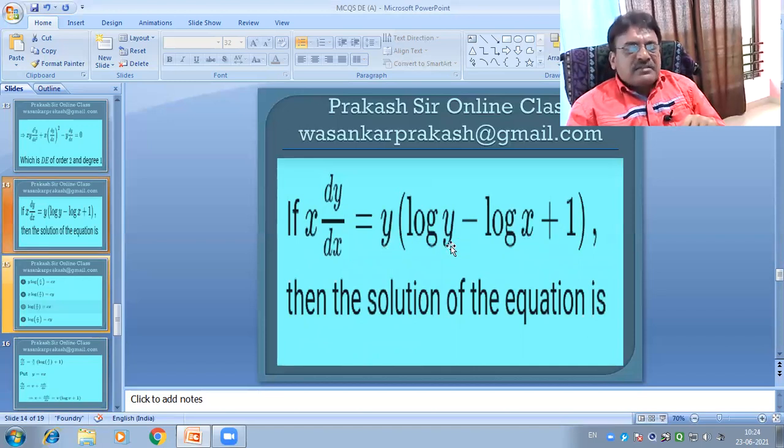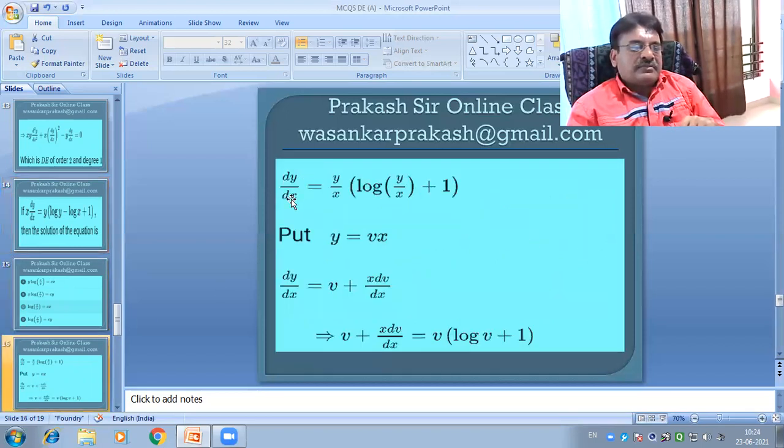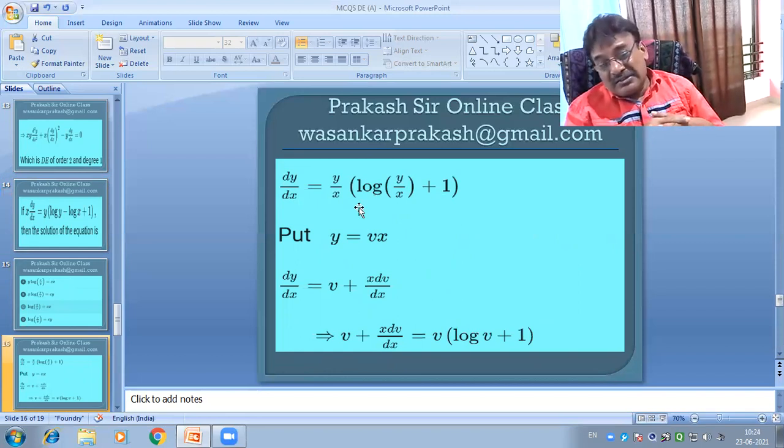This differential equation can be written by dividing both sides by x. Then in LHS x is cancelled, so dy/dx equals y by x in bracket log y minus log x plus 1. So we get dy/dx equals y by x log(y/x) plus 1. And this is a homogeneous differential equation.